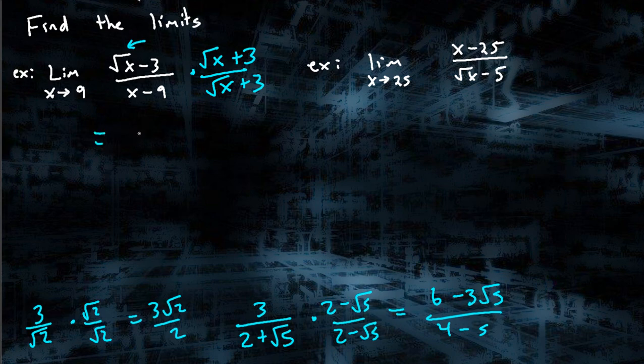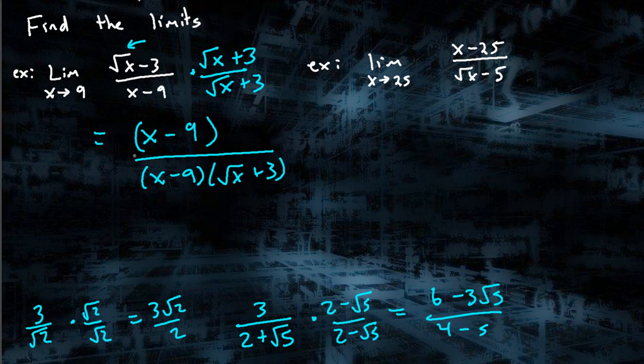So in the numerator, I would have x minus 9. Oh, that's interesting. And then in the denominator, well, I'm not even going to bother multiplying that out. And why not? Well, because I see that I can cancel my x minus 9. Now, what do I get on top when I cancel that x minus 9? Well, a 1. I don't get a 0.